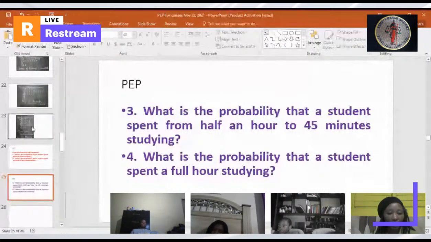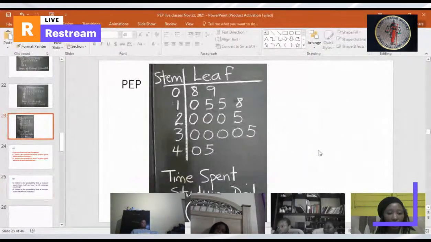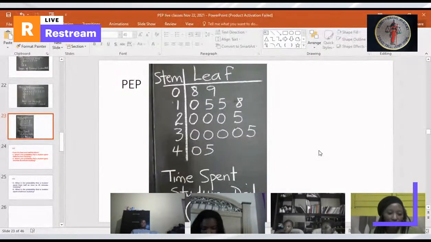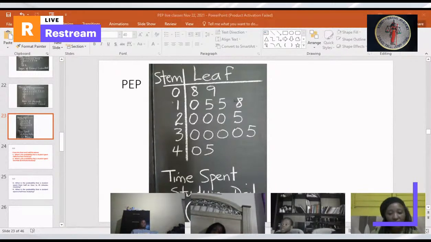All right, so how do we approach this? From half an hour to 45 minutes. How do we approach this one? How many students said that they studied from half an hour to 45 minutes?